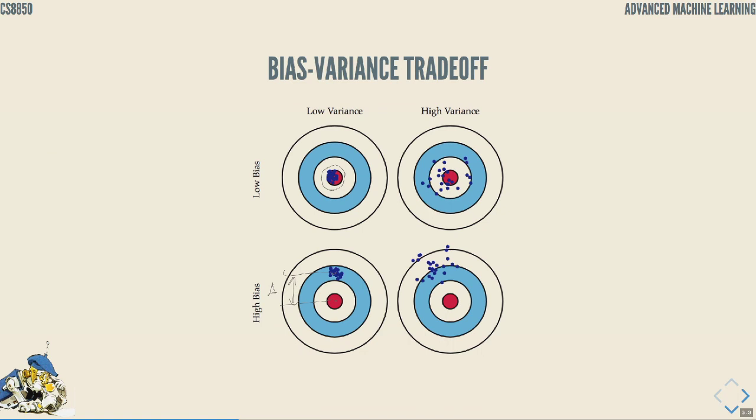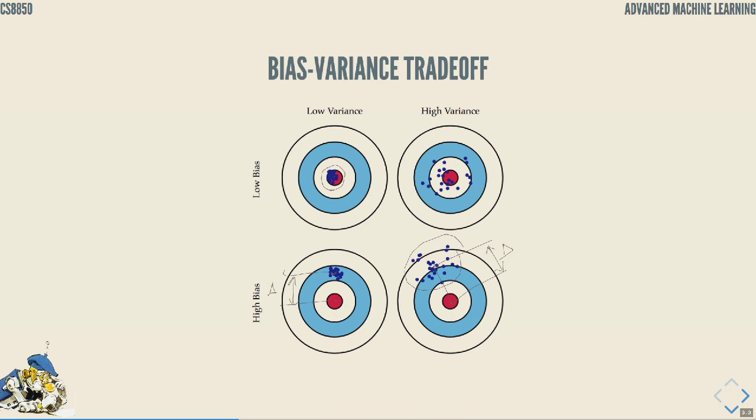If our model is very certain, low variance, that doesn't mean it's correct. That's one point. Another point, we can have both. We can be highly incorrect, that is, have high bias, and highly uncertain, that is, high variance.